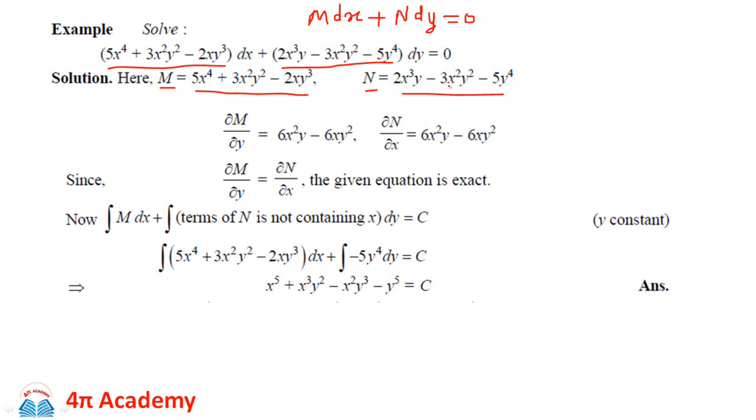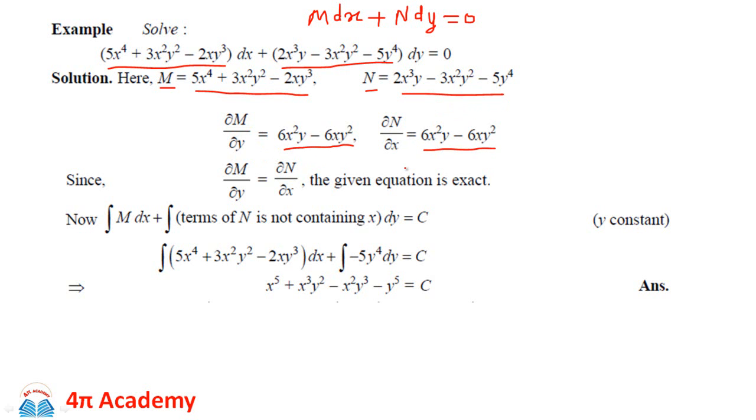Minus, here again we keep the terms of y as constant, so y square is constant, and the derivative of x square with respect to x will be 6x into y square. So now if you look at these two terms, del M by del y is equal to 6x square y minus 6xy square, and del N by del x is also equal to 6x square y minus 6xy square.